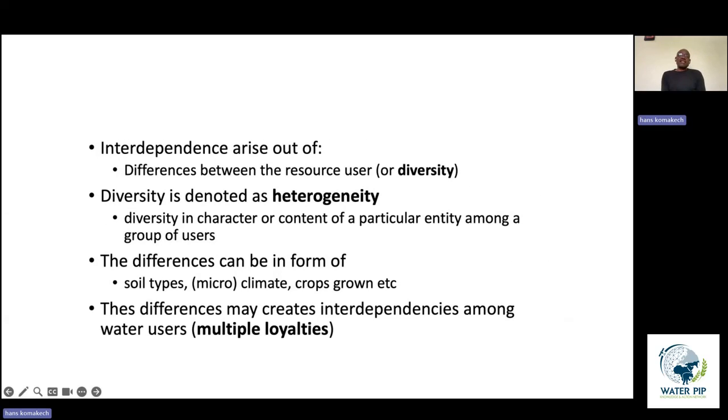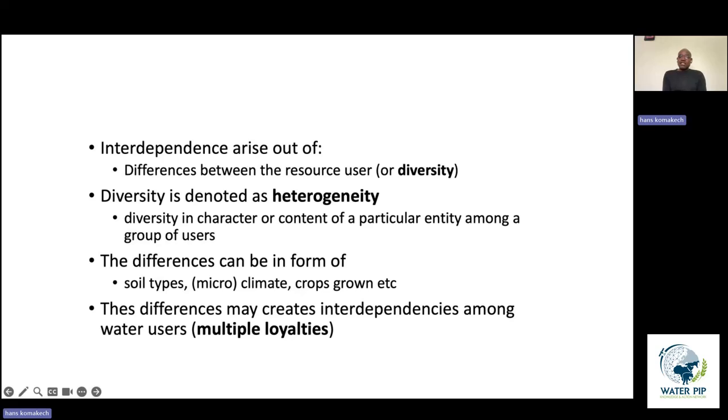Interdependencies may arise because of differences between resource users. I talk of diversity, and diversity, which is the difference, I would consider heterogeneity, as I mentioned in the title of my talk. The differences or diversity here is in the character or content of a particular entity among a group of users.